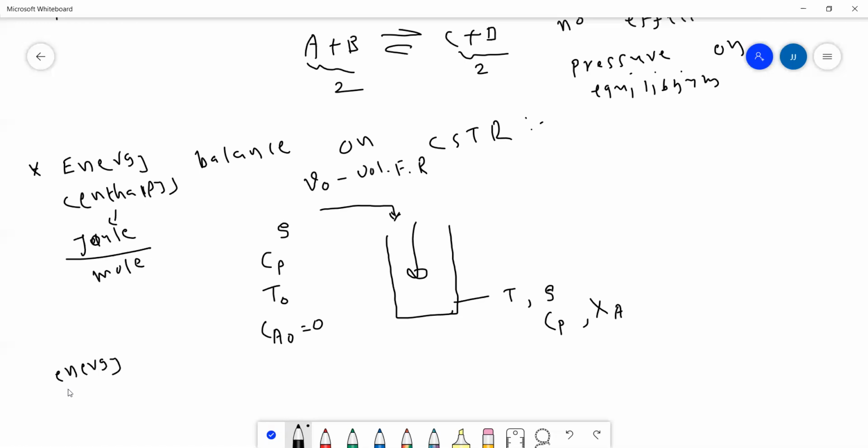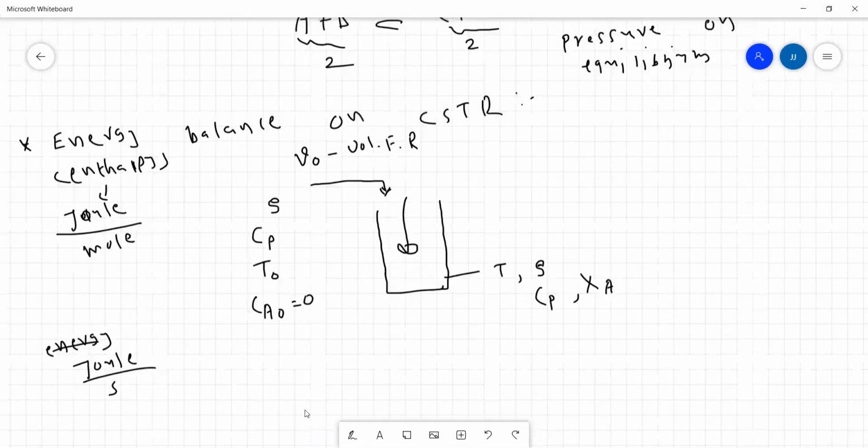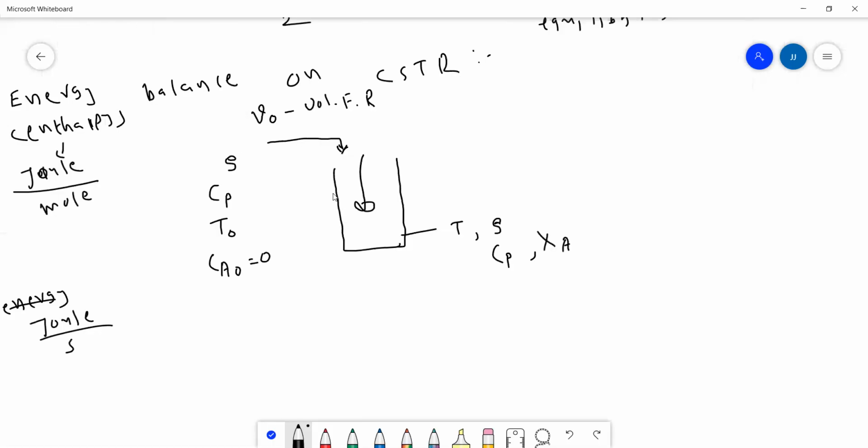Let's do the energy balance. Let's say a jacket is provided here for adding or removing heat.